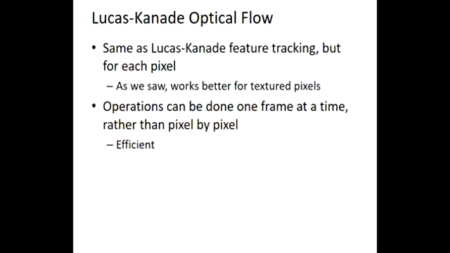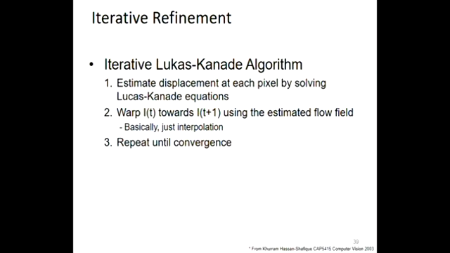To solve for optical flow, it's basically the same as Lucas-Kanade, except we're tracking all the pixels. This can be done really efficiently. We estimate the displacement at every pixel by solving the Lucas-Kanade equations using a window at every pixel.